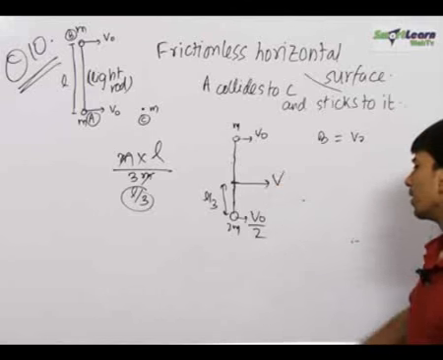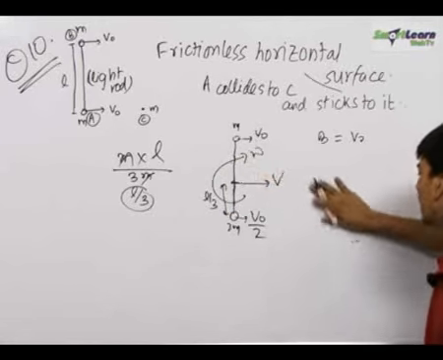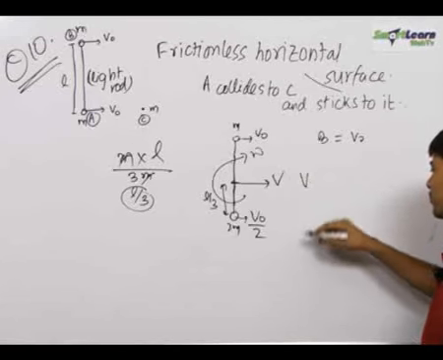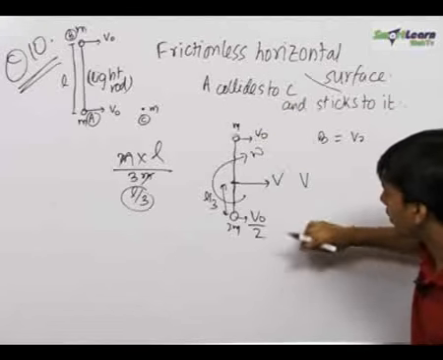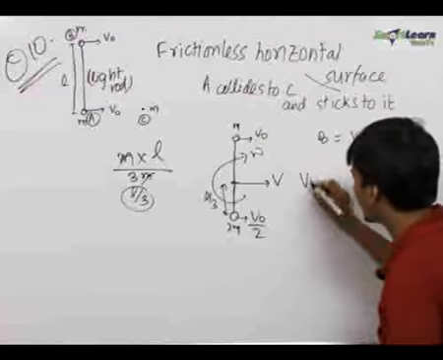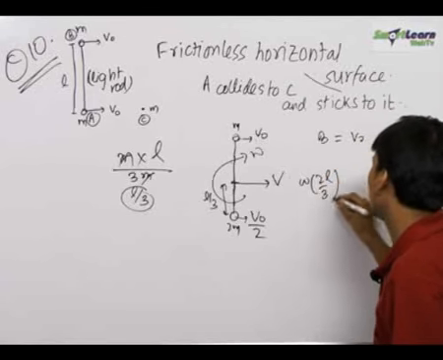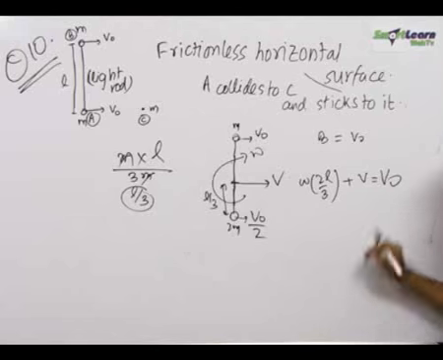So here we know the center of mass of the object. This is v. The angular velocity is omega, like this. Now we can write any one of two equations. The velocity of this object, we first see rotation about the center of mass, that will give us omega into 2L/3, plus v is equal to v0. This is one equation.